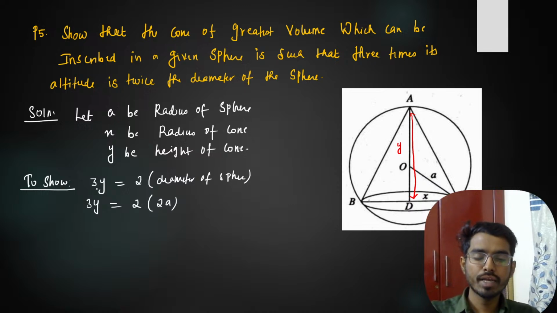This is what we need to show: three times the altitude of the cone is twice the diameter of the sphere.